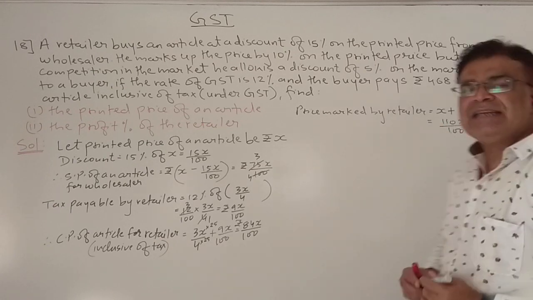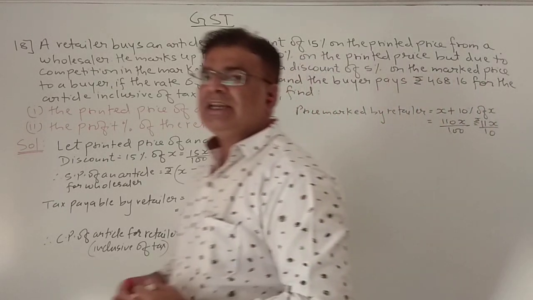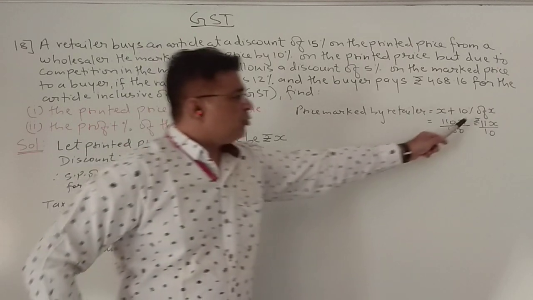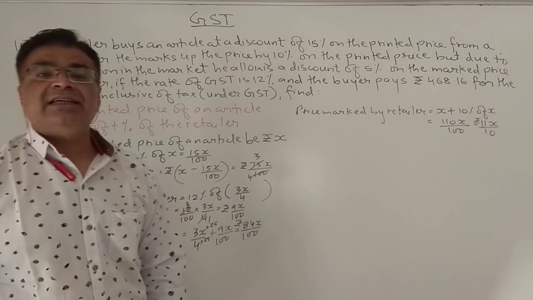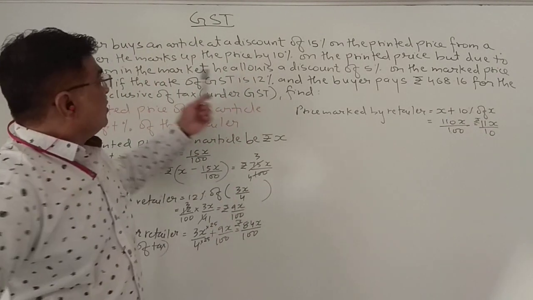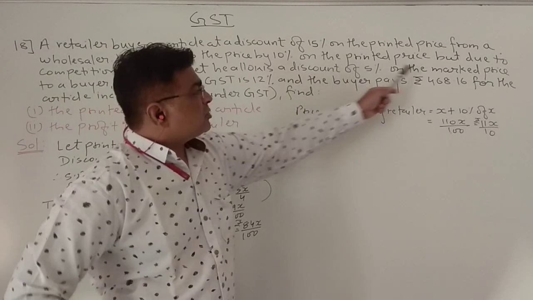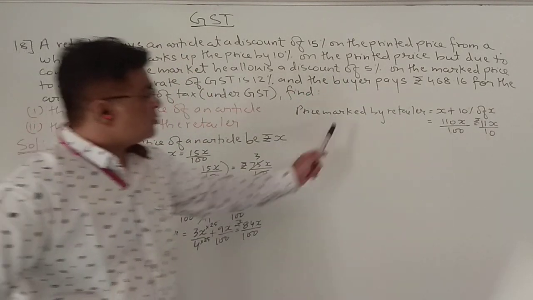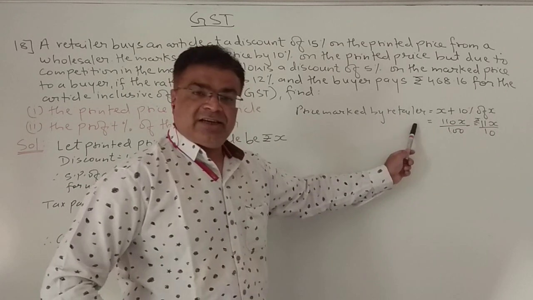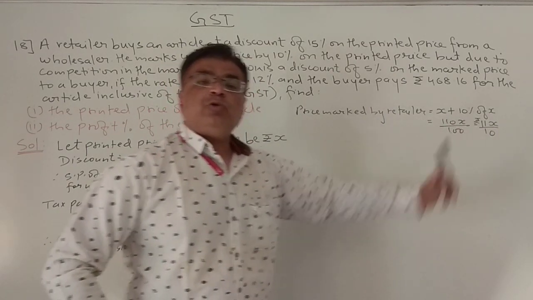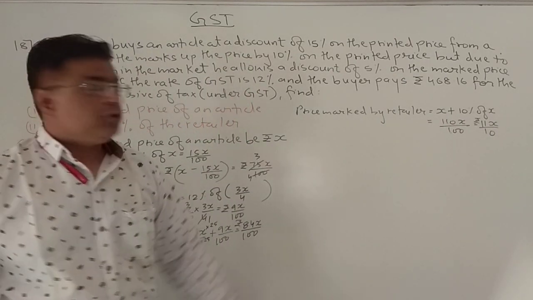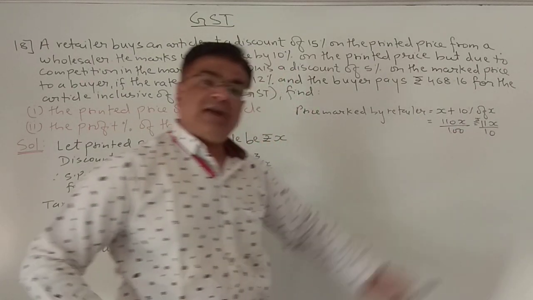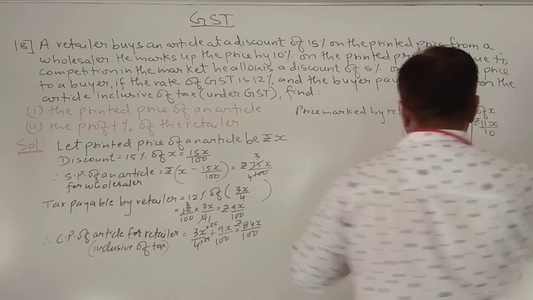So the price marked by the retailer for selling is 11x upon 10, but he is not able to sell at this price. He has to allow a discount of 5% on the marked price. Okay, he is allowing a discount of 5%. So this is the price marked by the retailer, but he is not able to sell at this price, so he is giving a 5% discount. So let us calculate the discount.